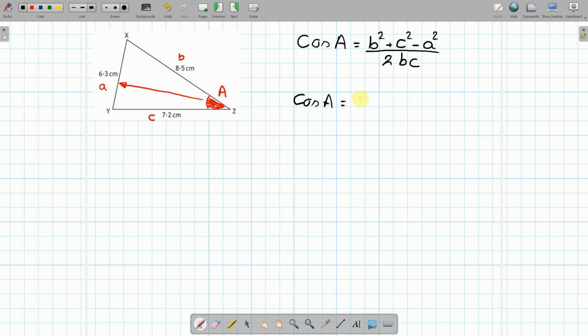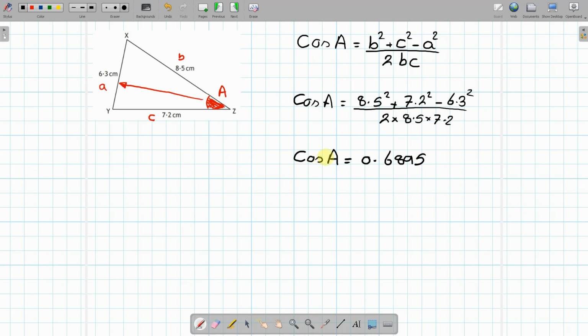So we'll replace b with 8.5 squared plus 7.2 squared minus 6.3 squared, all divided by 2 times 8.5 times 7.2. So cos A will equal 0.6895.